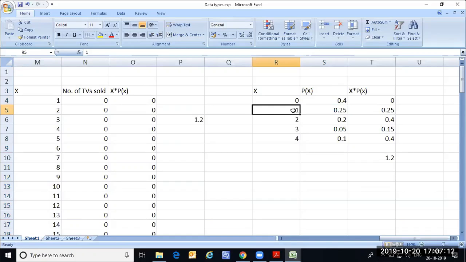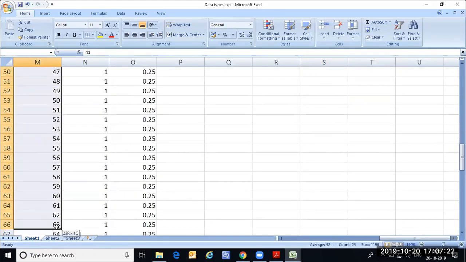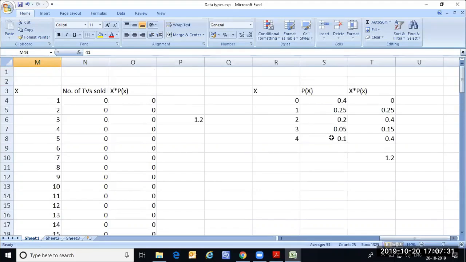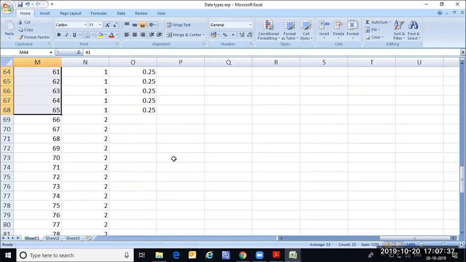And how many days I'll be able to sell one TV? 25 days. That means from 41 to 65, I'll be able to sell one TV. And what is the probability associated with 2 TVs? 20. For next 20 days, I'm taking 2 TVs.